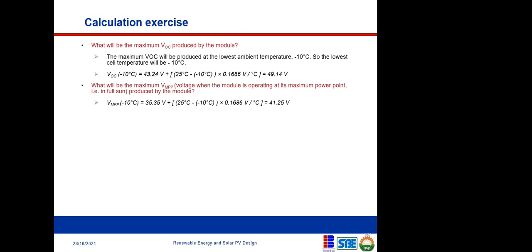Remember that the VOC will always be greater than the VMPP, like I told you before. So for every degree reduction in the temperature from the standard test condition, we check the number of degrees it's less from 25, and we multiply it by that voltage coefficient.